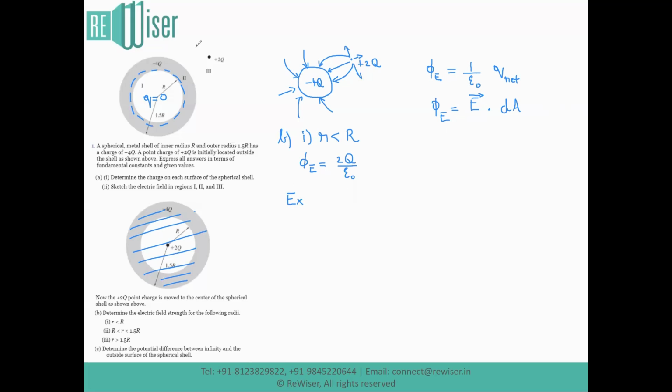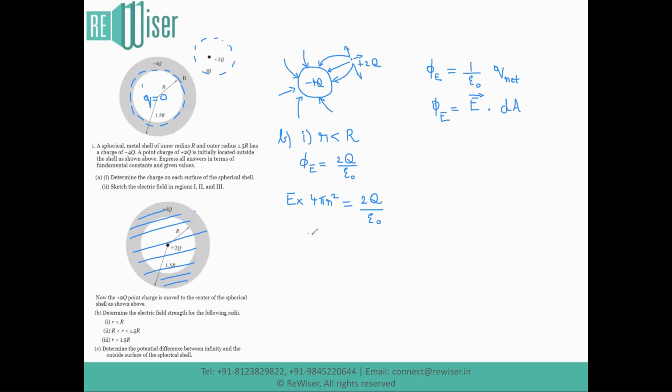Since the charge is a point charge, the Gaussian surface I imagine around it is a spherical Gaussian surface. If there is a sphere of radius r, its surface area is 4 pi r square, giving me the expression E into 4 pi r square is equal to 2 into Q divided by epsilon naught.